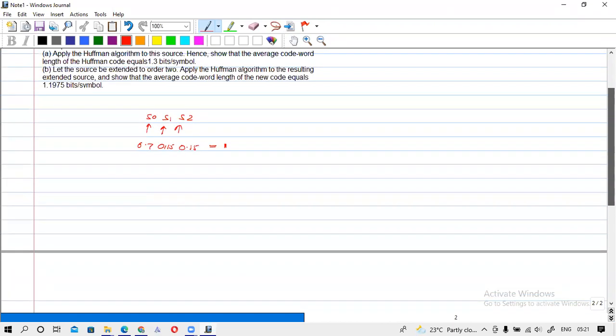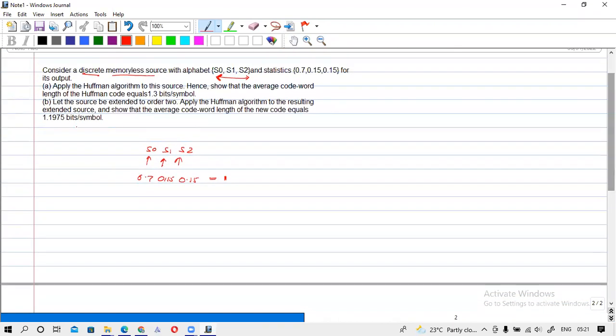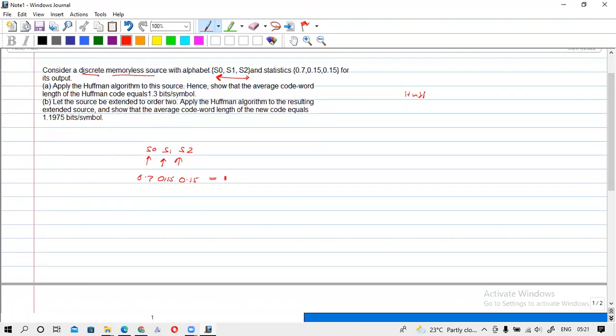So we will directly come to the Huffman code, the Huffman algorithm. You know that the Huffman algorithm is used to compress data. This is a data compression technique.